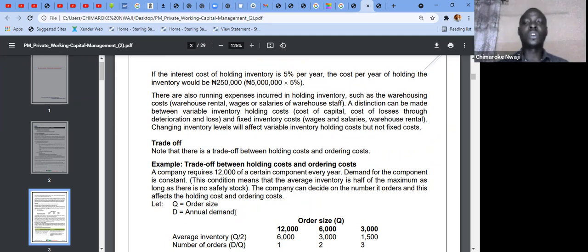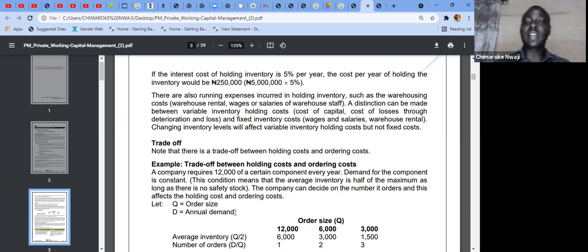Now this is the holding cost. There will also be something called running expenses incurred in actually holding the inventory. So now we've talked about the cost of the item, talked about holding costs.